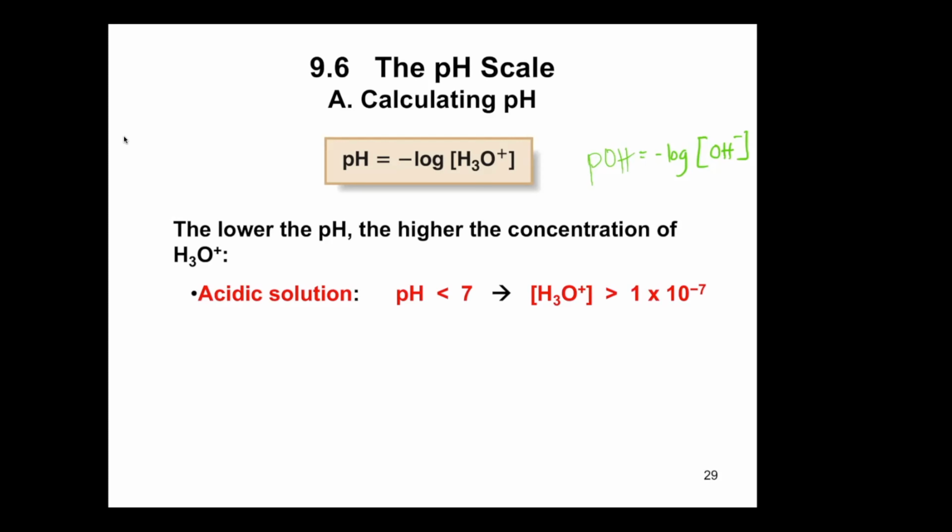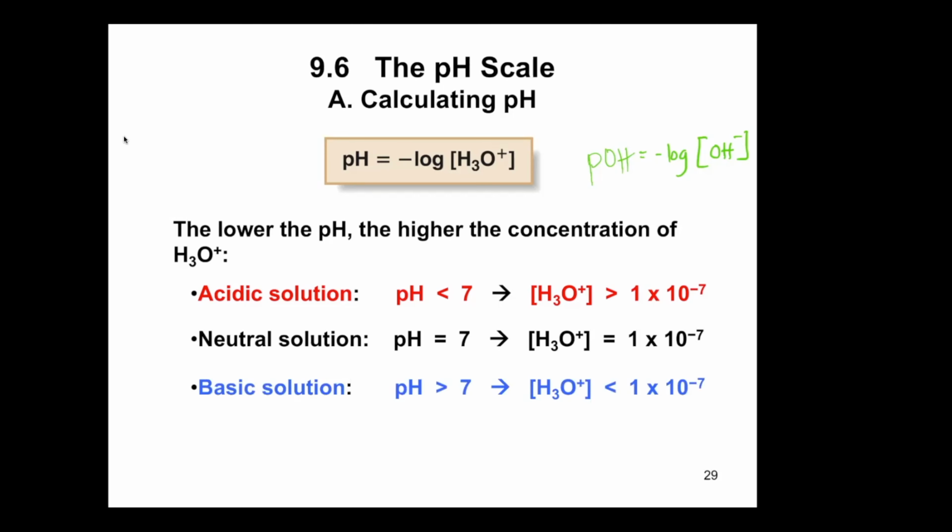So a pH less than 7 is considered acidic, wherein the hydronium ion concentration is greater than 1 times 10 raised to negative 7. A neutral solution is equal to 7, wherein the hydronium ion concentration is equal to 1 times 10 raised to negative 7.